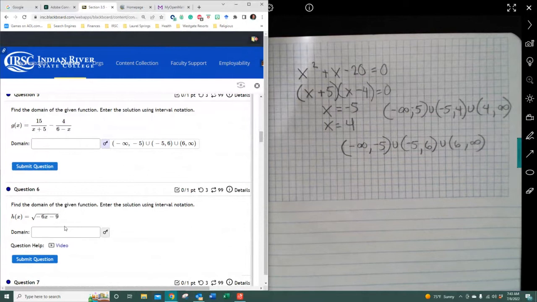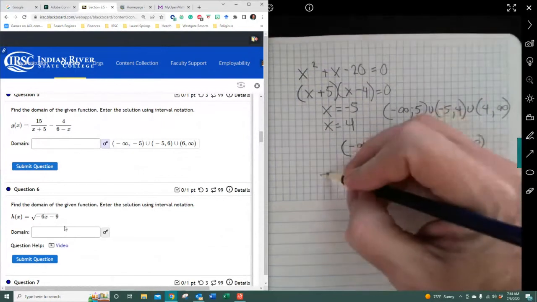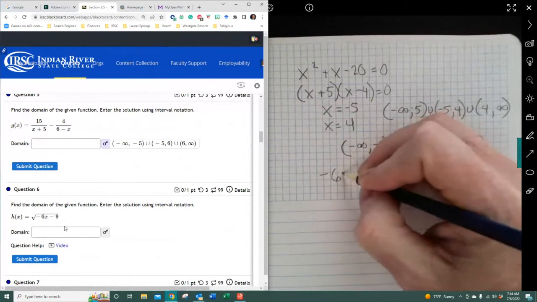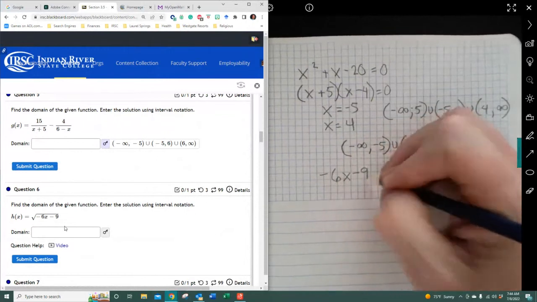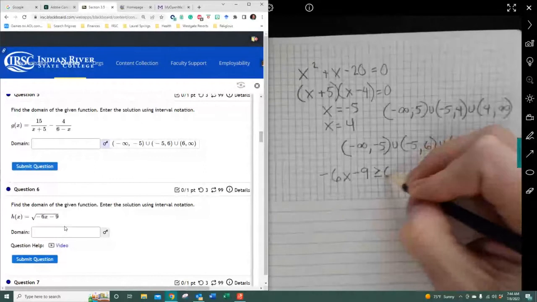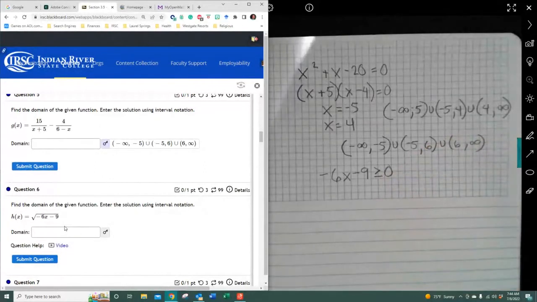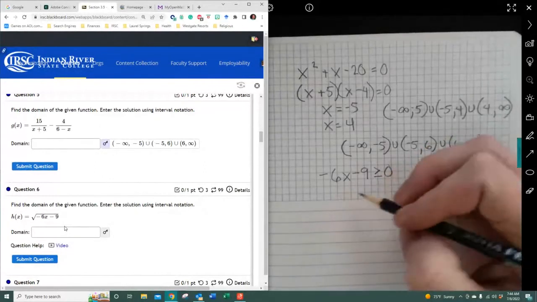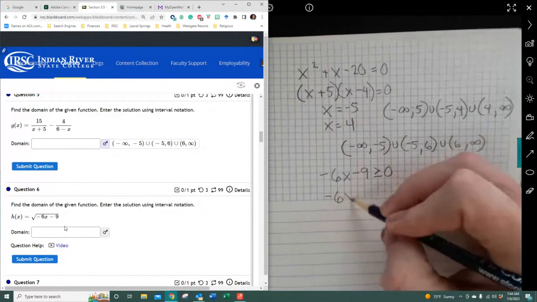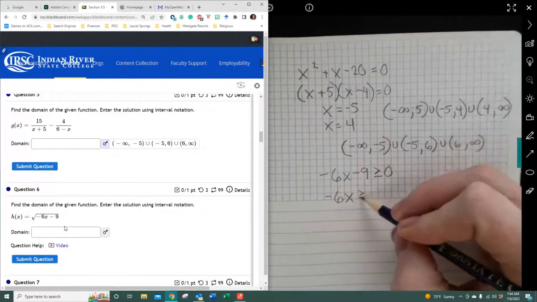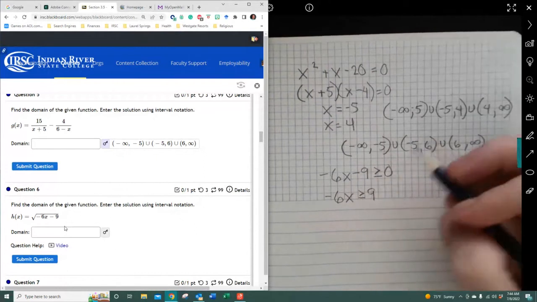Now, remember the domain restriction on a radical is that it has to be 0 or greater. So what you do then is set the contents of the radical greater than or equal to 0, and then you solve for it. So I go ahead and do that. I'm going to get negative 6x, and then I add 9.